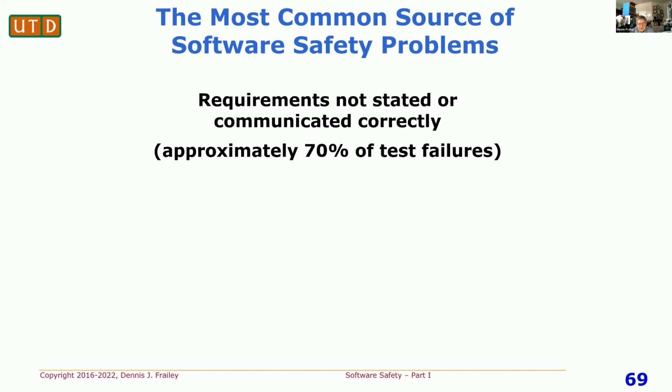And a classic example that I ran into is you have somebody called a system engineer who's designing a system, and he writes requirements and expects the software developer to read those requirements and do something, except that the software developer doesn't speak quite the same language as the system designer. So the system designer tells the software person to do something, and the software person interprets it incorrectly.